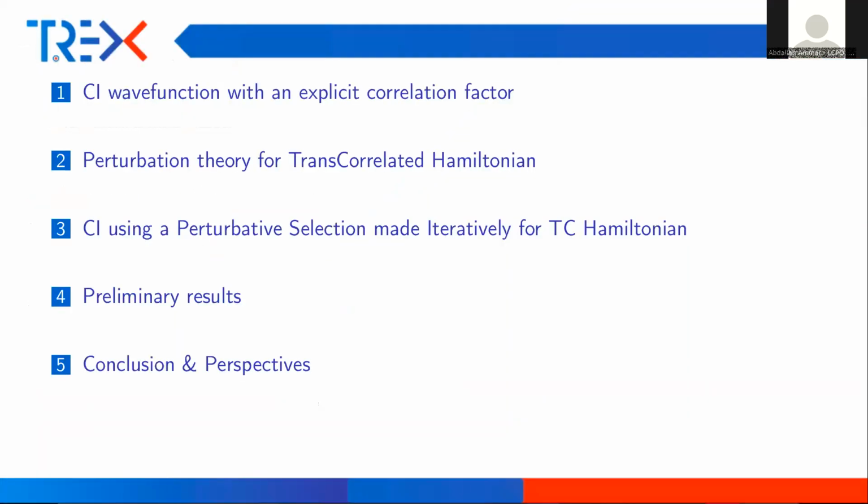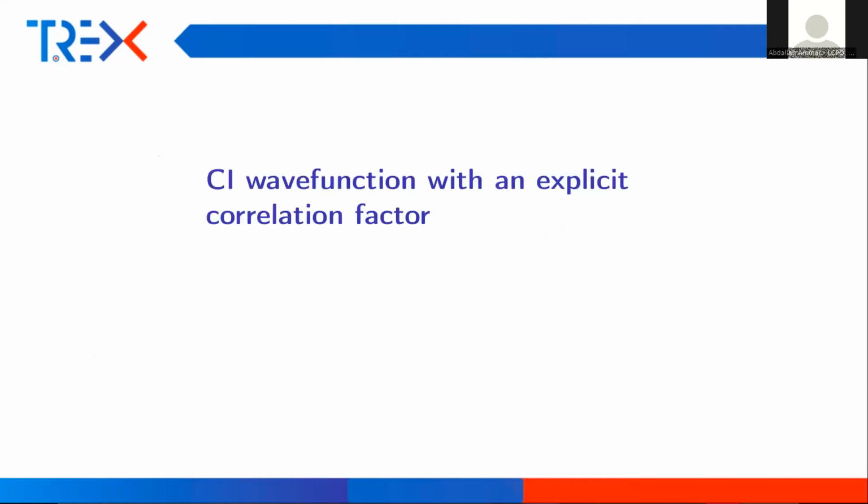To do that, first I will introduce the general framework, and then the main idea of the transcorrelated approach and the theoretical framework of the perturbation theory for non-Hermitian Hamiltonian. In the next section, I will discuss the algorithmic and technical aspects of the developed selected CI algorithm. And before the conclusion, I will show a few results and applications.